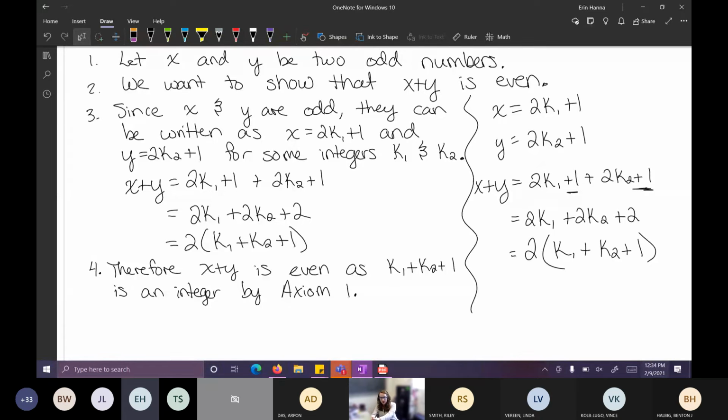And so since we can rewrite that algebraically and bring it down to 2 times k sub 1 plus k sub 2 plus 1, and since by axiom 1, remember axiom 1 is just saying if you add or multiply integers together, you get integers. So since k sub 1 and k sub 2 are integers, because we specified them to be so, then adding them together and adding 1, which is an integer, results in an integer. So since we have 2 times an integer, that is the definition of even. So x plus y is even.